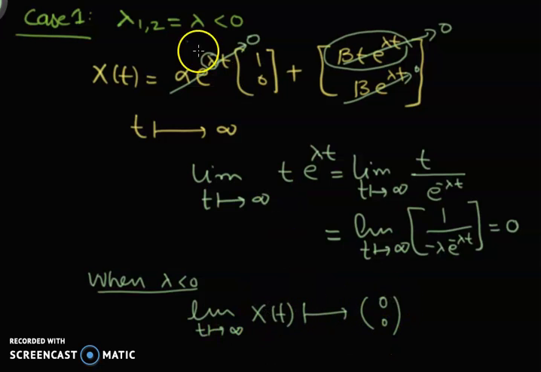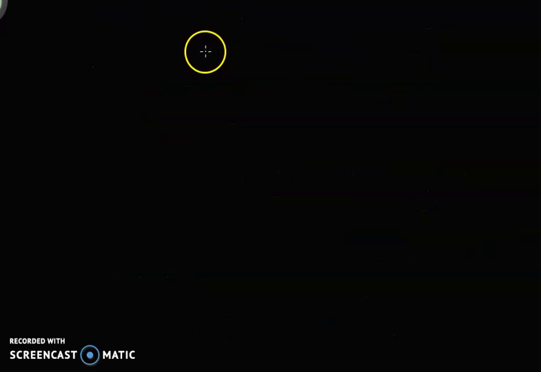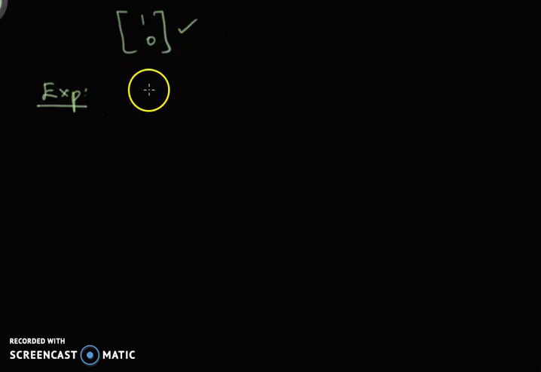So in other words, if lambda is less than 0, then all of the trajectories will be moving towards the origin, and in fact they will be moving towards the origin tangent to this vector (1, 0). For example, I can take lambda to be minus 2.